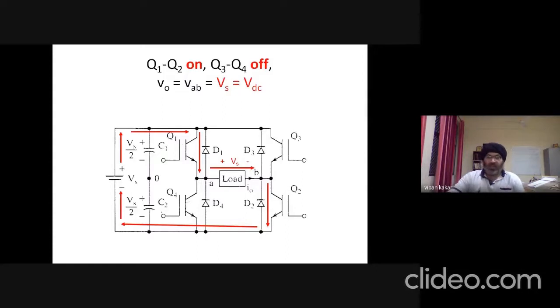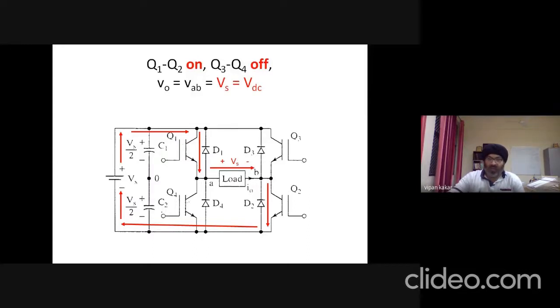So let's say first pair Q1 and Q2 is on and Q3 and Q4 is off. So in this case, we have V output over here at the load equal to the V supply, because now when Q1 and Q2 both are on, the current will follow this path through this load from left to right.